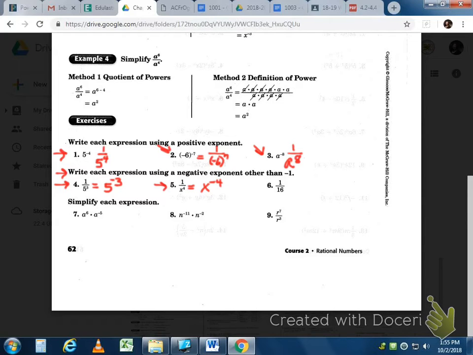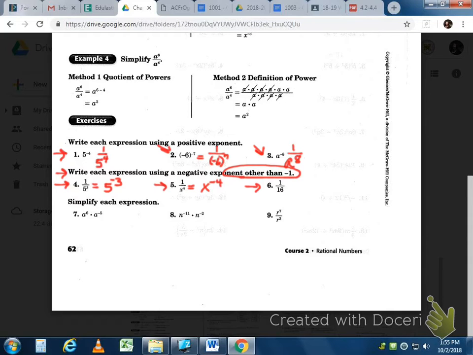Okay. I am also going to do number 6 because it is different than the rest. Do you see how this says write each expression using a negative exponent other than negative 1? Right now I see 1 over 16 and there's no exponent there at all. What did I tell you yesterday when there's not an exponent?